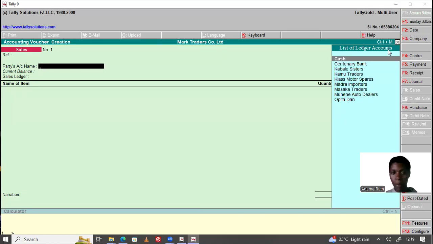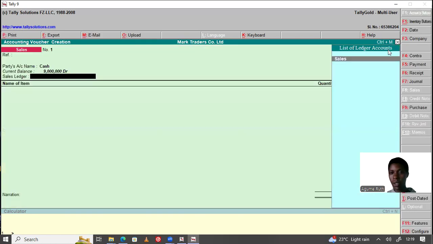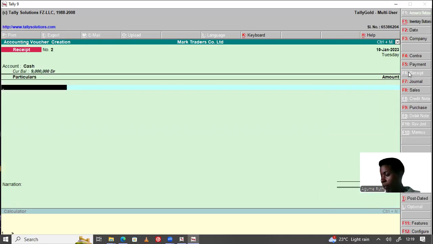So I can use by cash, that the sales were made by cash. No, let me use a receipt by cash. And then I put in the details here.